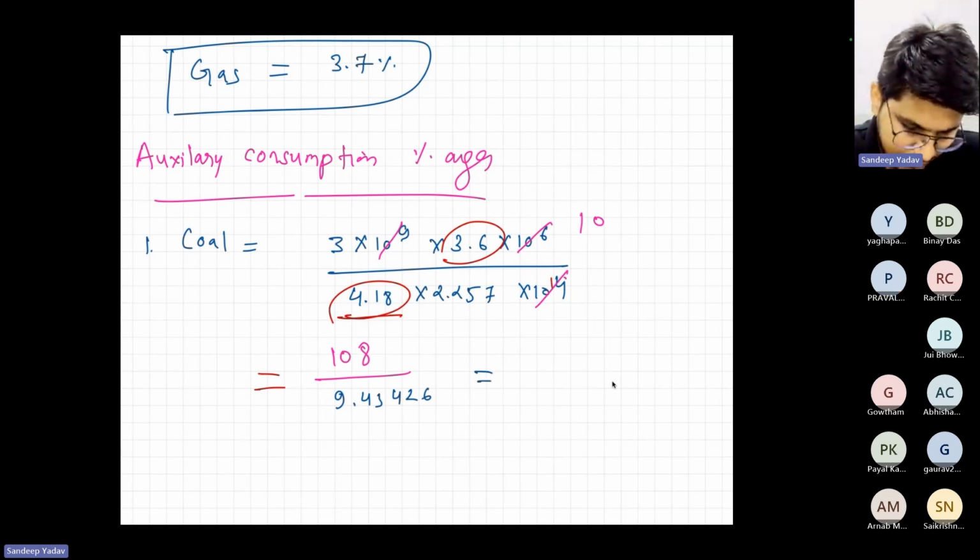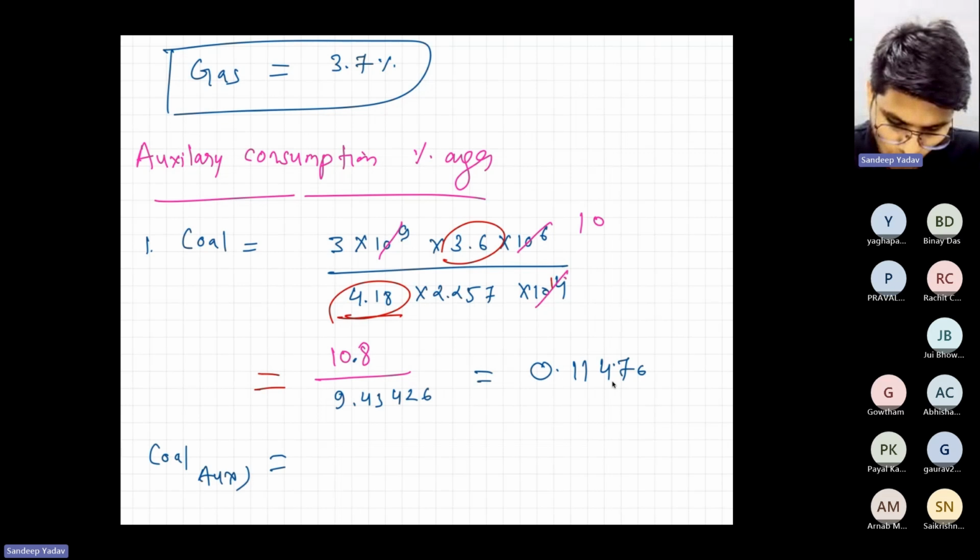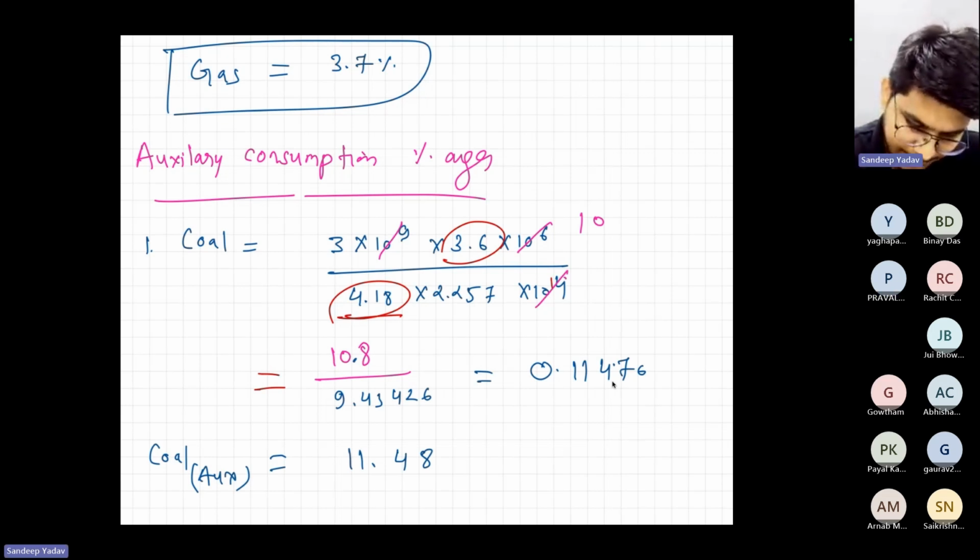So 108 divided by that gives 11.4, that is 0.114. So the percentage of the auxiliary consumption for coal will be 11.45%.